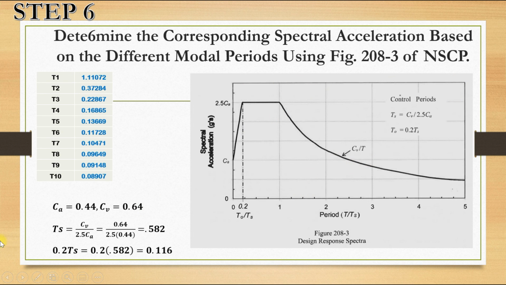So, ito yung graph. So, pag i-substitute natin yung CA at saka CV dito sa formula ng TS, which is CV over 2.5 CA, so magkakaroon tayo ng value na 0.582. Dito naman sa 0.2 TS, which is equal to 0.2 times yung value ng TS natin kanina, so meron tayong 0.116. So, ito na yung magiging limits para ma-determine natin kung saan dito sa graph ma-determine natin yung spectral acceleration.